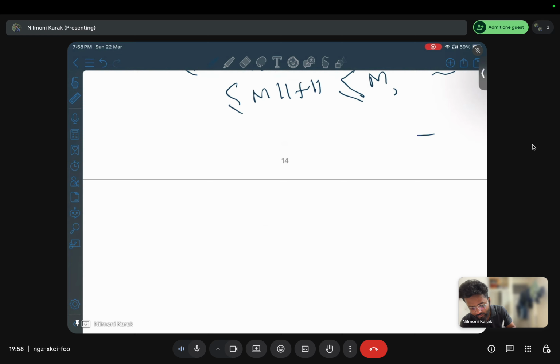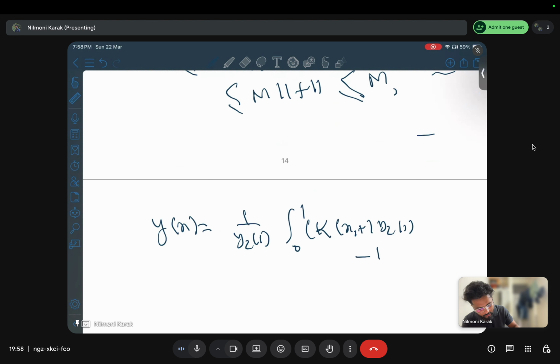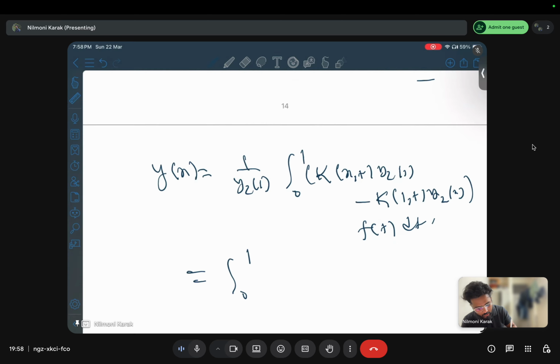Actually, solving some differential equation, we will have y(x) equals the integral from 0 to 1 of k(x,t) y(1) minus k(1,t) y(x) times f(t) dt, which equals the integral from 0 to 1 of g(x,t) f(t) dt.